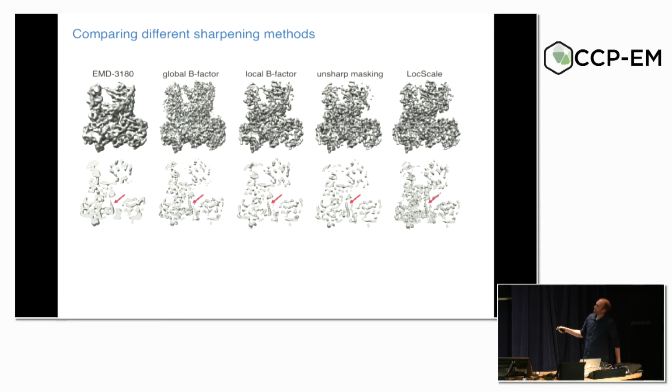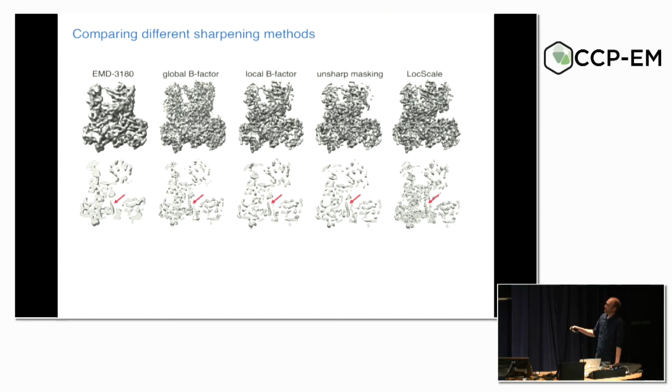If we use a local B factor estimation and scaling, so that's basically a window estimate in a classic Guinier fashion of the local B factor, we can improve this already. So you see that at least in the peripheral region, the scaling is much better, but you also lose some sharpening effect in the well-resolved region.